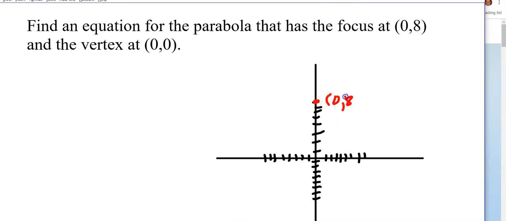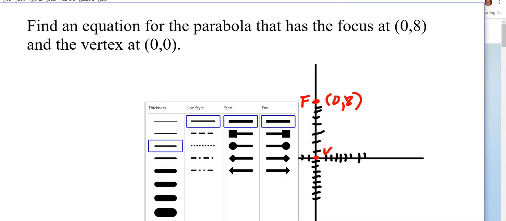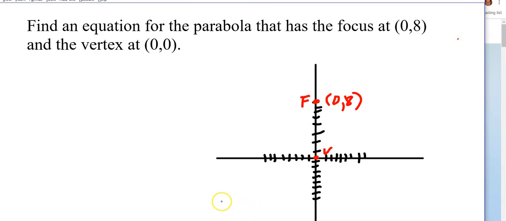We know the focus is at 0, 8. So this is our focus. Our vertex here is at 0, 0, which means our directrix, right? That line would be right here, equidistant. So it's going to be y equals negative 8.